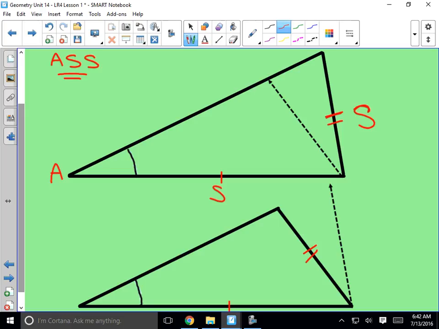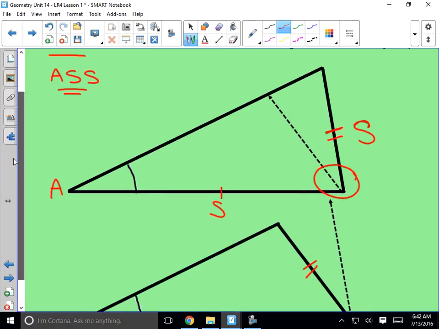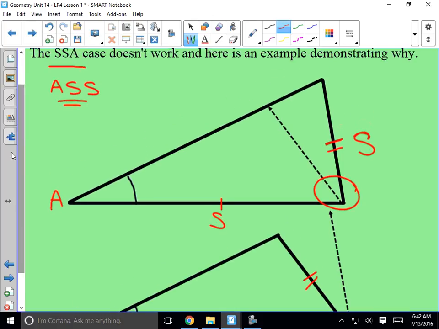Now, the problem with this, since the included angle is not locked in, is we have two possibilities where this second side can be. This second side is not fixed, so it can actually swing back and forth between these two possible landing points.